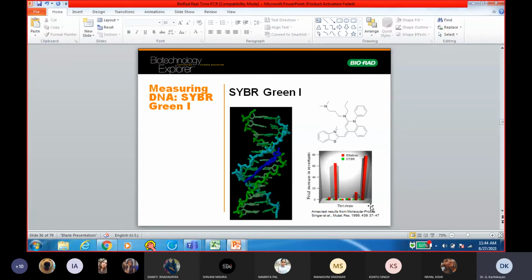Okay, so why do we still use ethidium bromide? Simply because ethidium bromide is much cheaper compared to SYBR Green. But these days SYBR Green reagents have become much cheaper than what used to be earlier. Okay, so people are in the process of shifting from ethidium bromide to SYBR Green slowly.